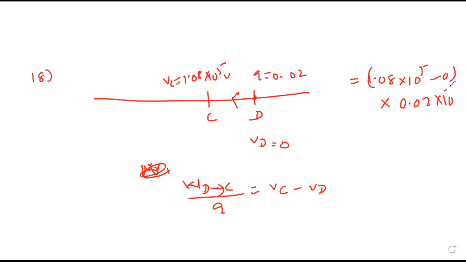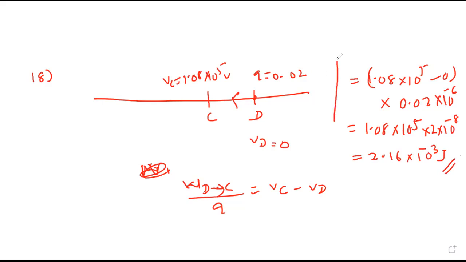So into 10 raised to minus 6. 1.08 into 10 raised to 5 into 2 into 10 raised to minus 8. So 2.16 into 10 raised to minus 3 joule. This is the answer. Yeah, sir.